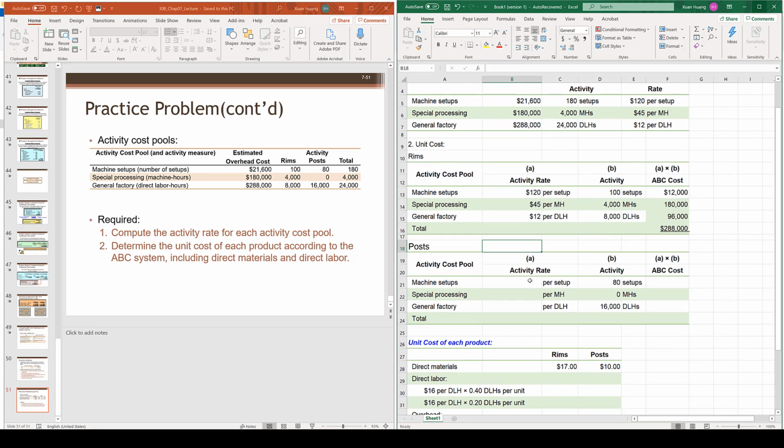Then for posts, we first put the activity rates here, and we calculate the assigned overhead cost for each activity pool for posts.